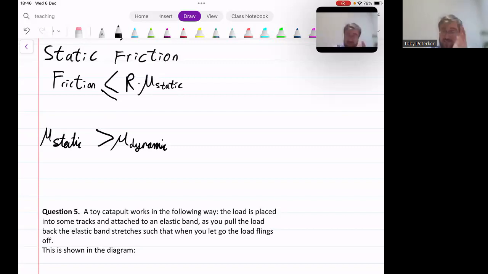So we see this as things start to slip. It takes a lot of effort to slide things past, to get things going. But once they've started moving, they can whiz really easily with very little force. And this is why the coefficient of static friction is often bigger than the coefficient of dynamic friction.